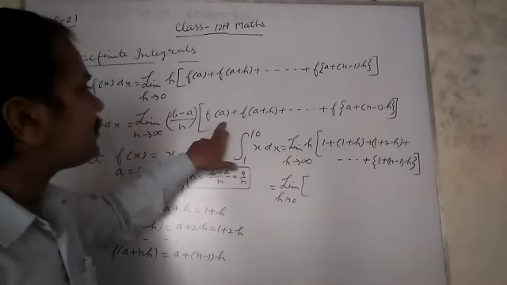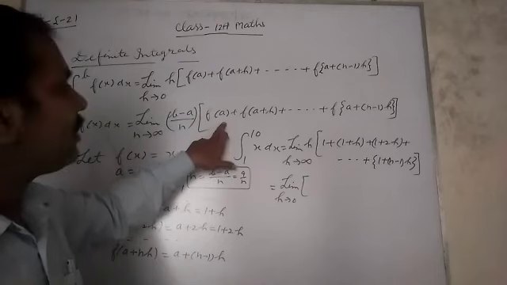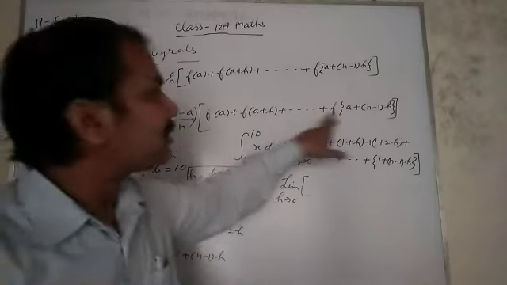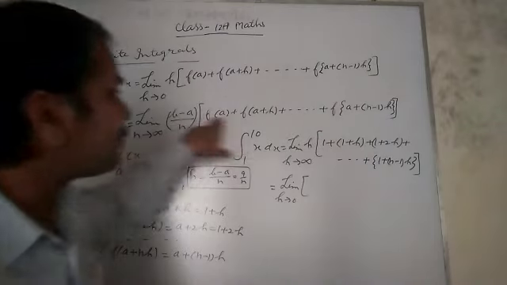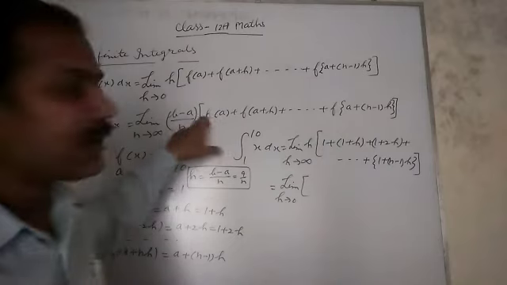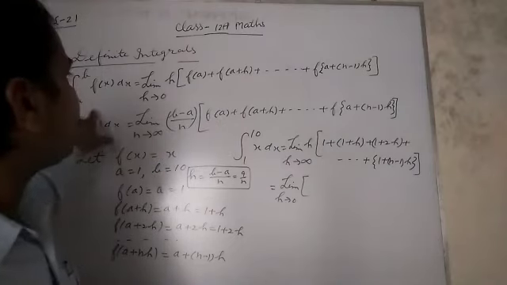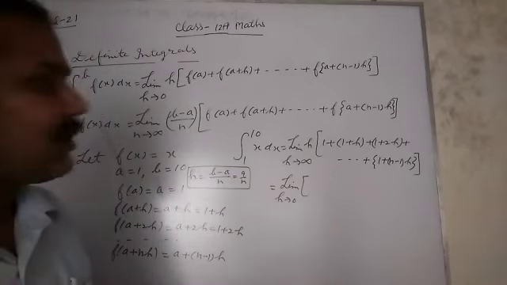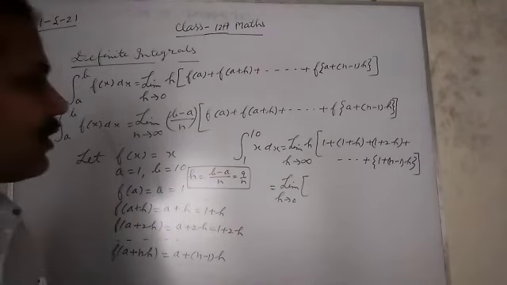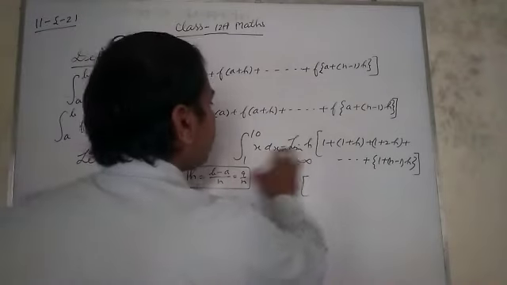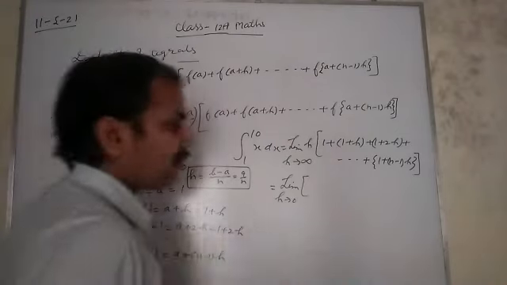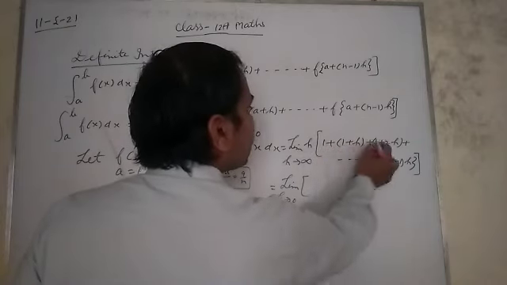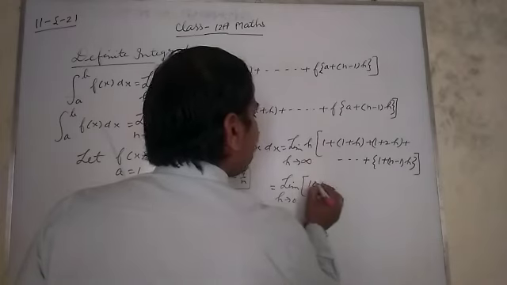Here how many terms are there? 0 into h, 1 into h, 2 into h, and here n minus 1, meaning n terms. It is divided in n terms, and here the limit is 1 to 10. So here 10 terms, 1 plus 1 plus 1, 10 times, so what will be? 10.